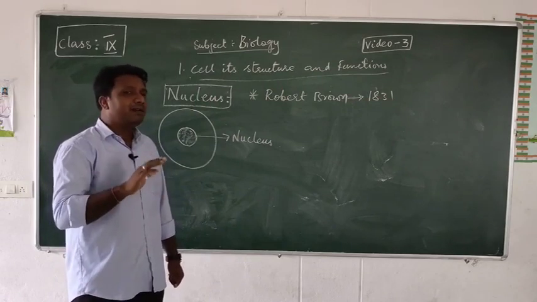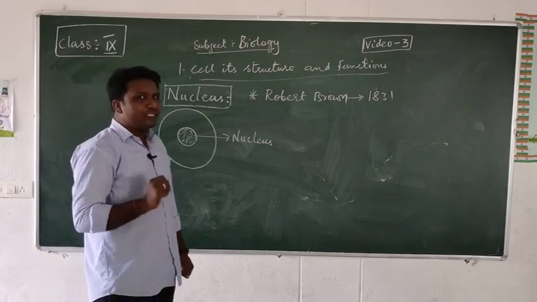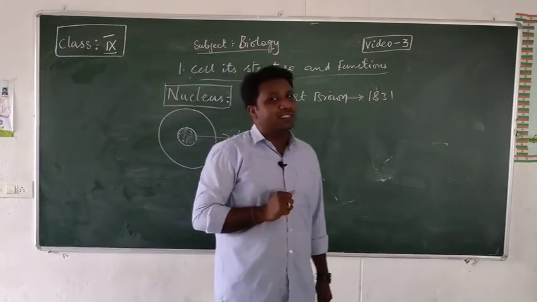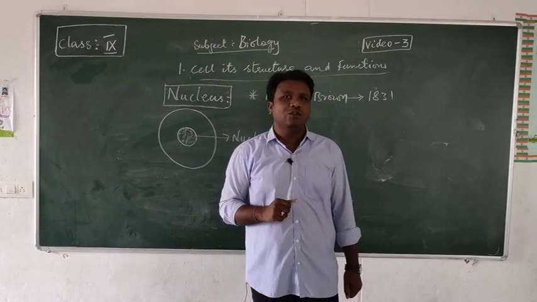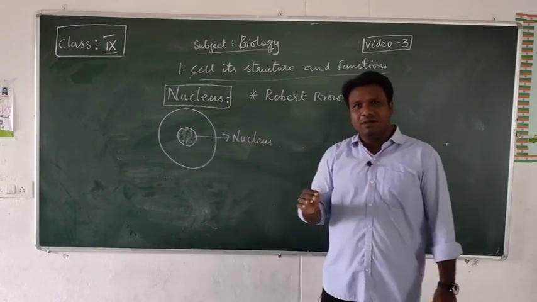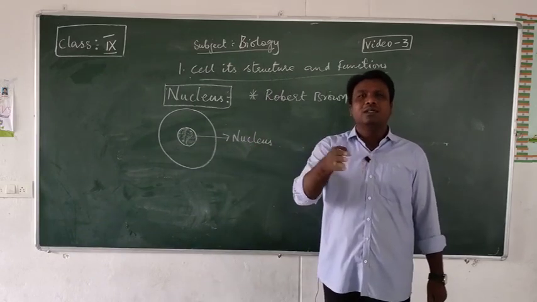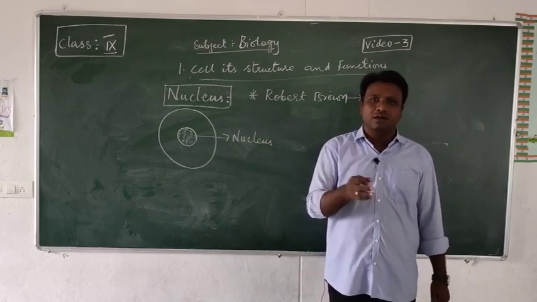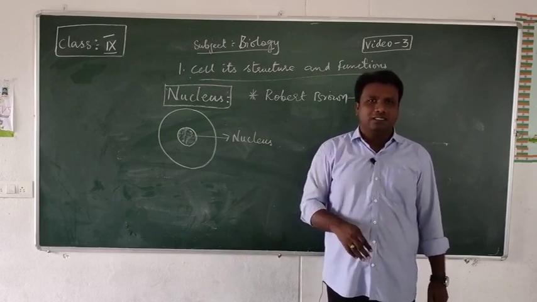You may get a confusion if I ask who discovered the cell. You will answer Robert Hooke, as I told you a few days back, or as you have seen in the video yesterday or the day before.